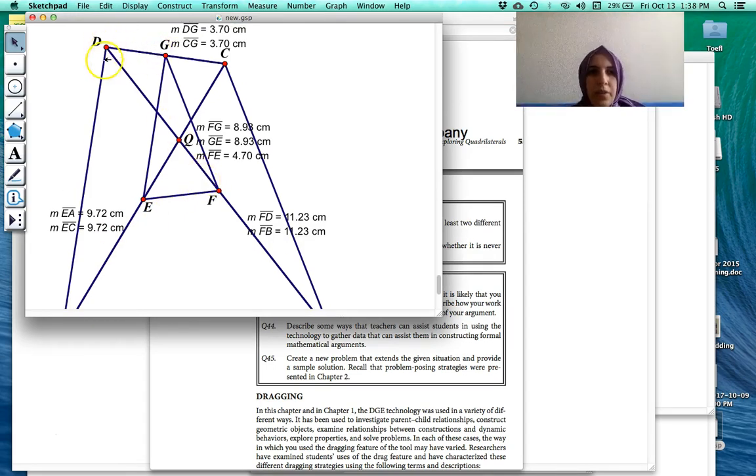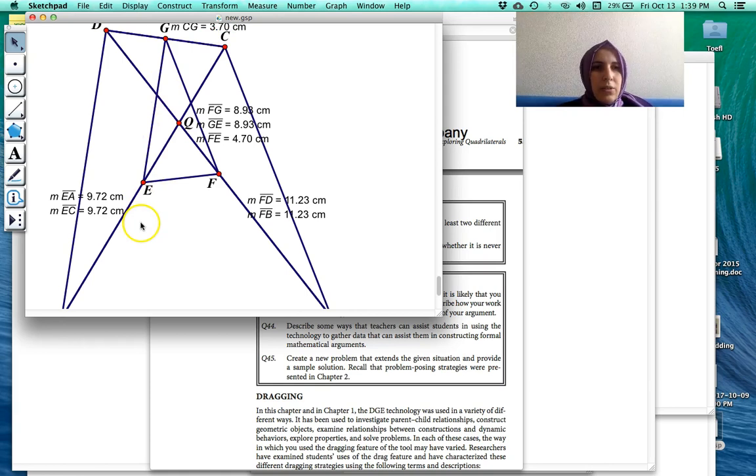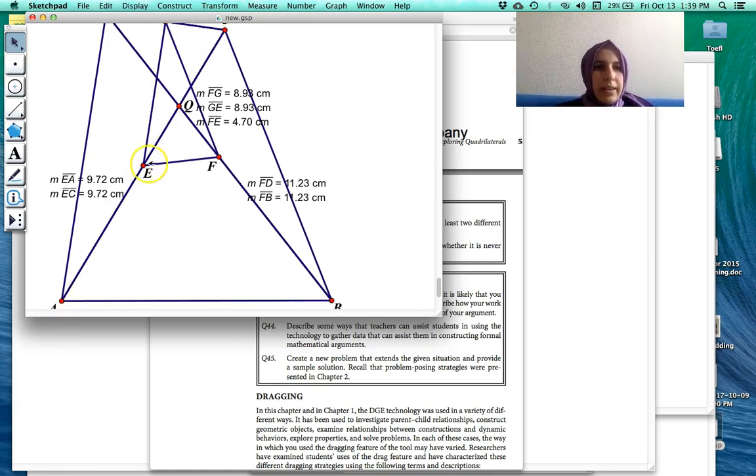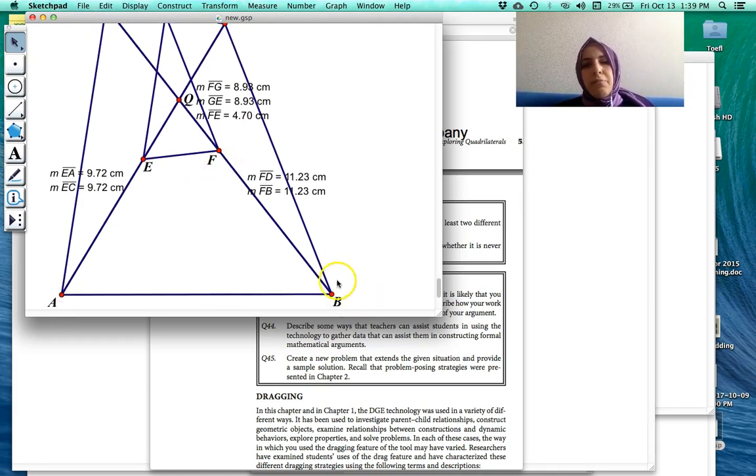Yes, G is a midpoint because the length of AG equals GC, and also CE equals AE, which is 9.72 centimeters, and also DF equals FB, which is 11.23 centimeters. My conjecture is always true.